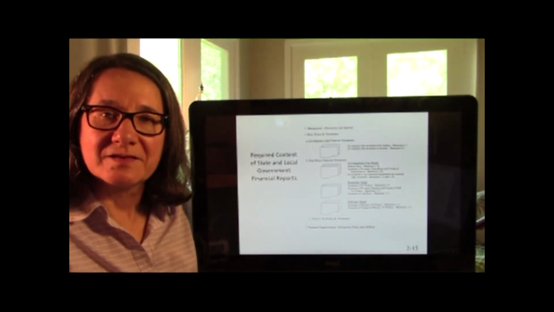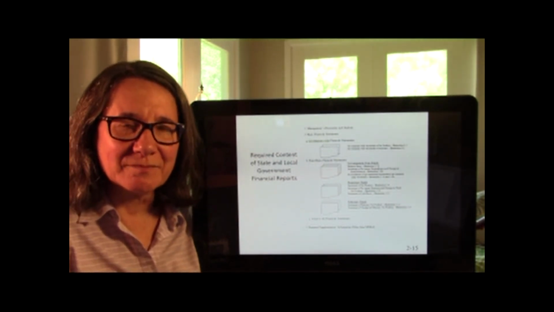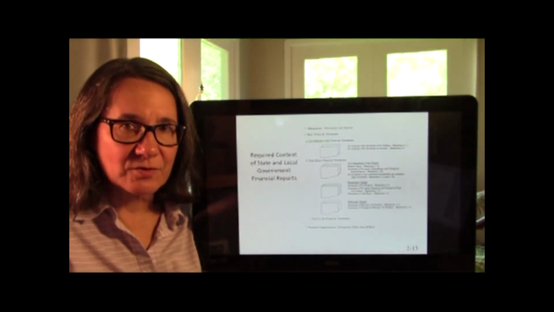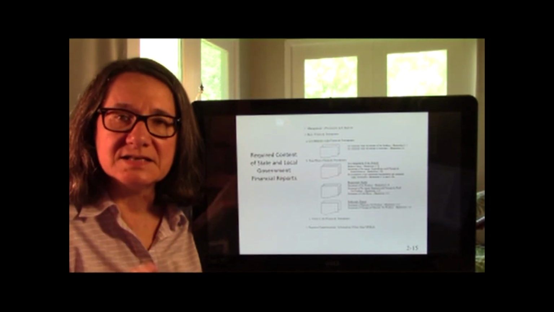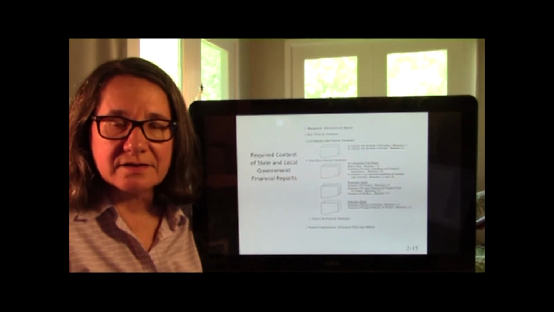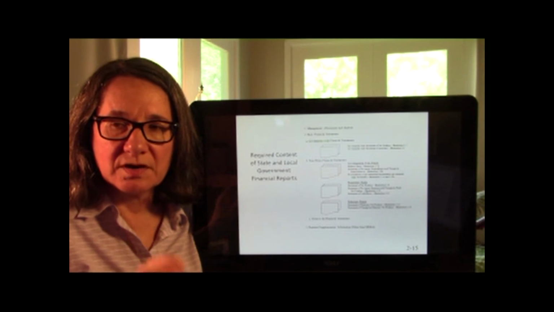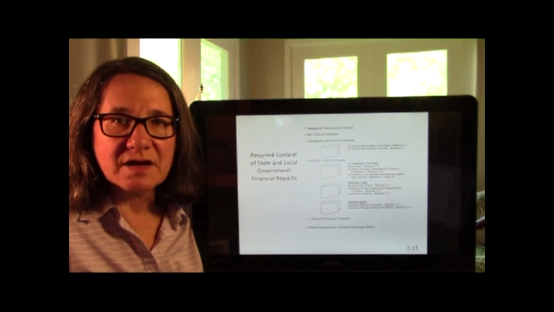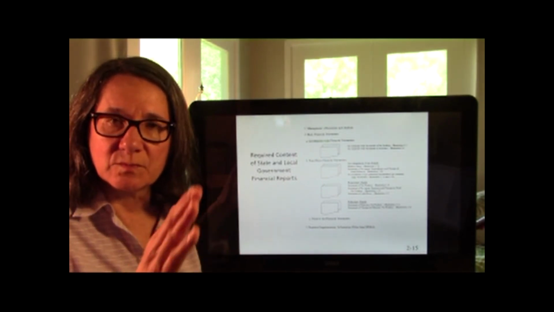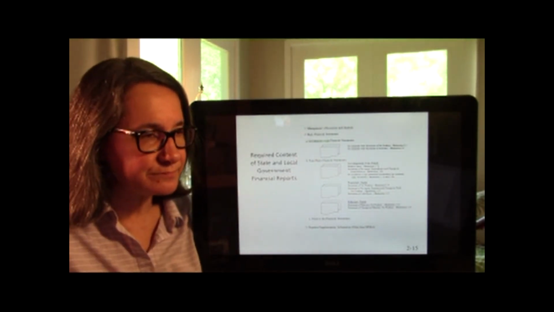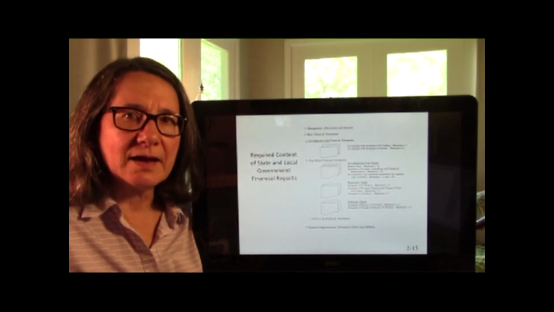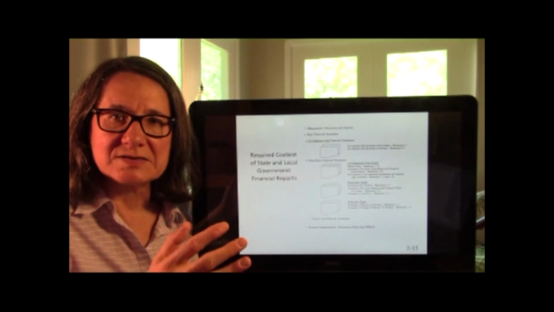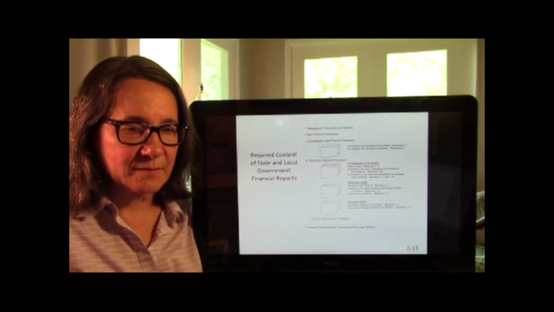A full set of GAAP compliant financial statements has 4 financial statements, and they're for the main entity, the parent company. They're consolidated. You're not going to see separate columns for Facebook, Instagram, and WhatsApp. It's not going to be separate funds. So you're just going to see one set of financial statements. And there'll be some management discussion and analysis up front, some words around either side of the financial statements. But pretty much that's what you get.